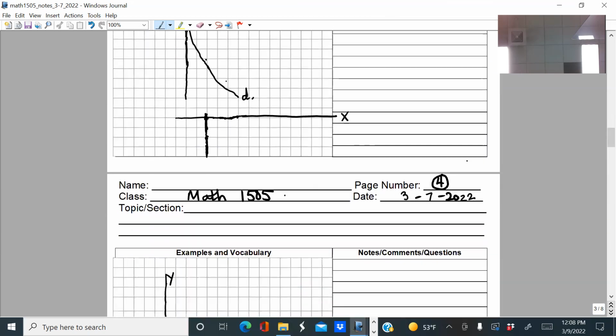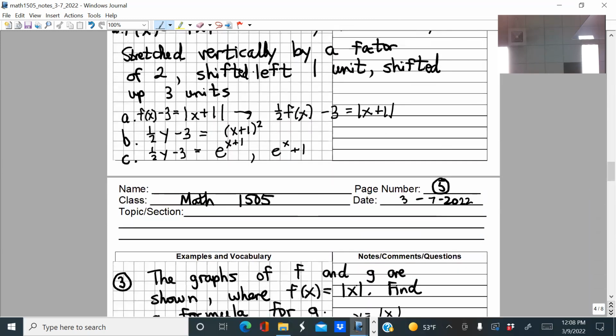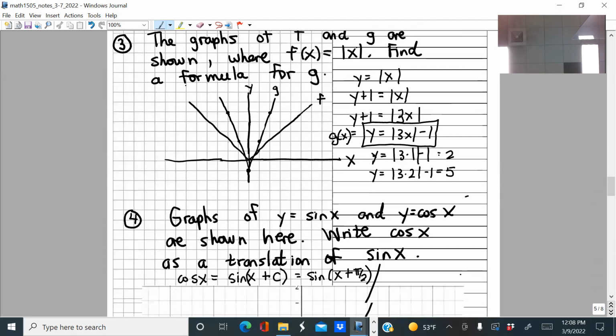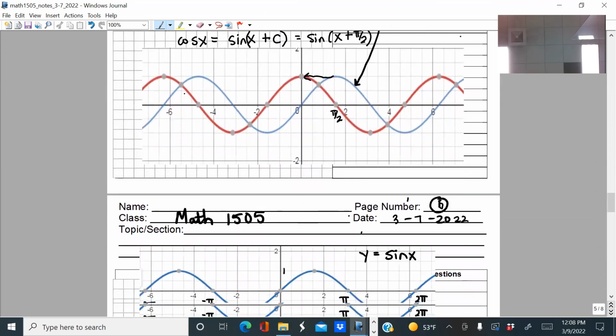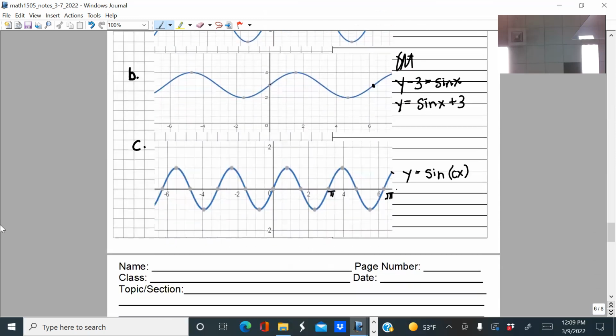So pretty easy again, right? A pretty easy formula: just y equals sine of 2x. Make sure you have the 2 there next to the x, because if the 2 is outside, then what are you changing?